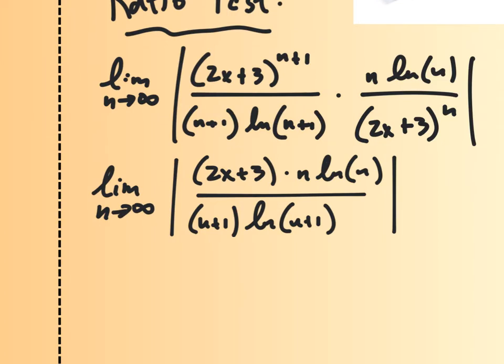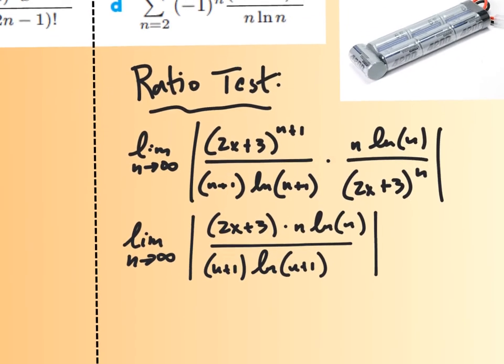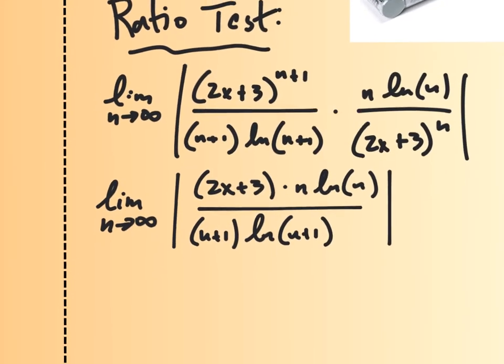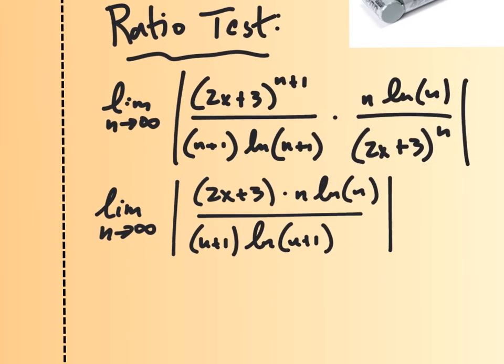Okay, so as you take a look at this real quick, I want to bring to your attention one quick thing. Originally, this was an alternating series, but once I do the ratio test, that alternator goes away with the absolute value signs.